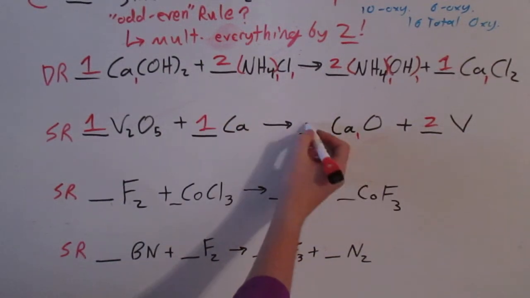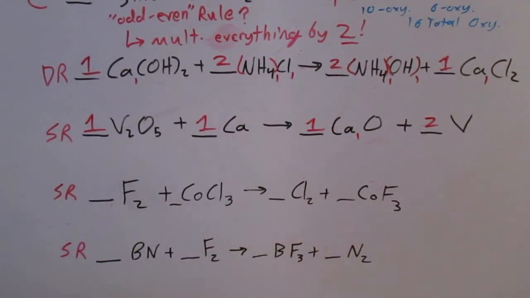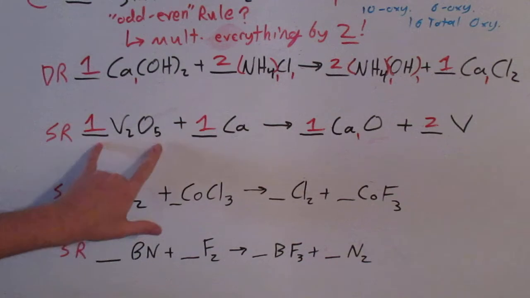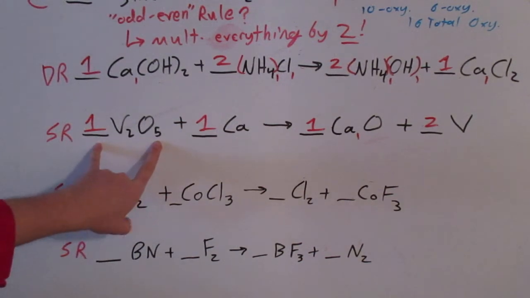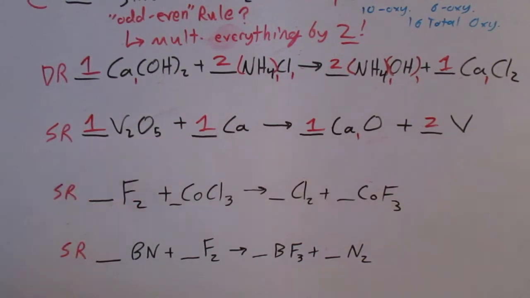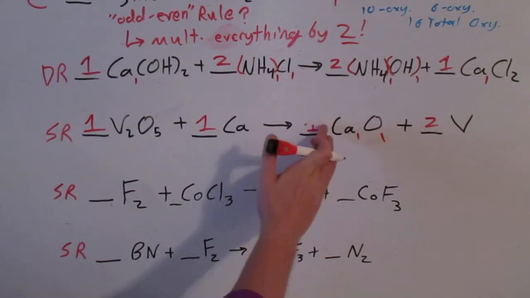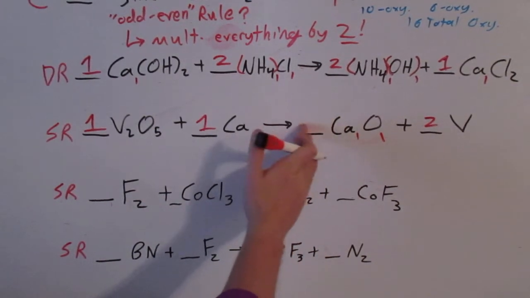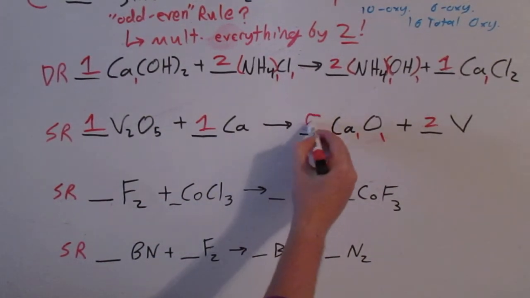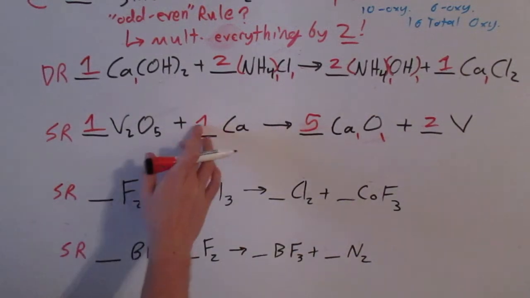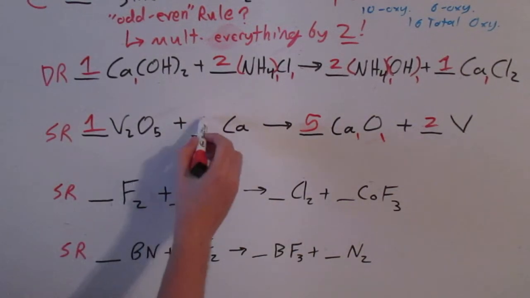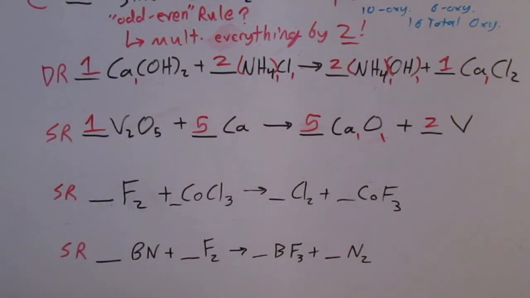There's only 1 here, so that's 1. But what you notice from this, I have 5 oxides here. 5 oxygens. I only have 1 here right now, which means I would have to double back. I get a 5 here. And if I'm putting a 5 there for calcium, I'm immediately having to change that to a 5. So 1, 5, 5, 2 is balanced there.